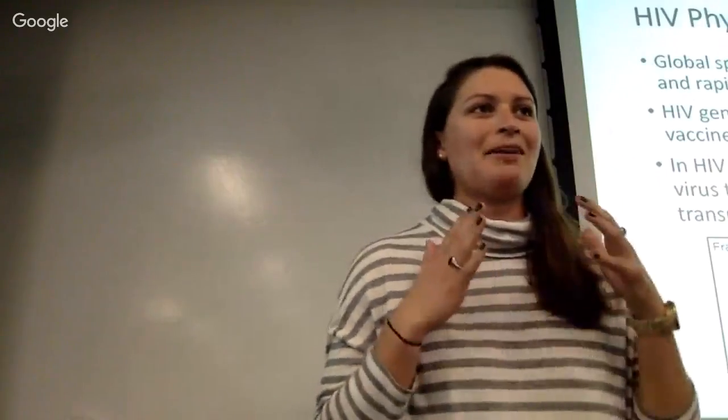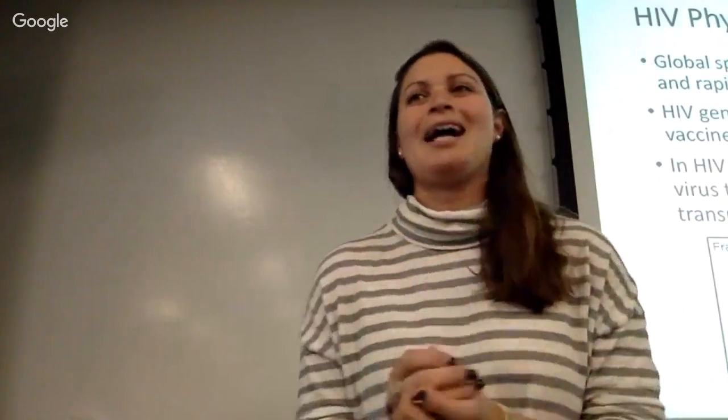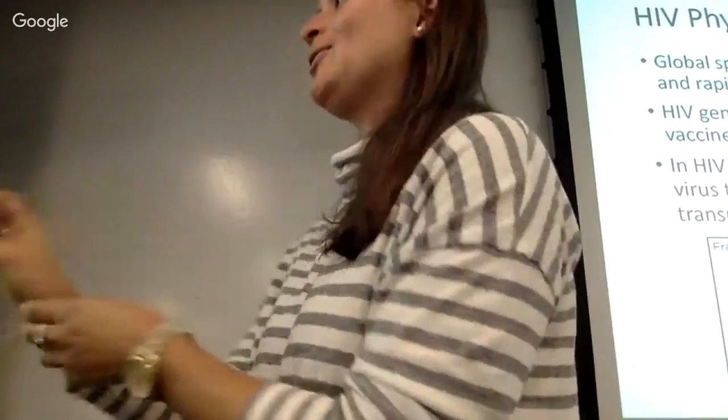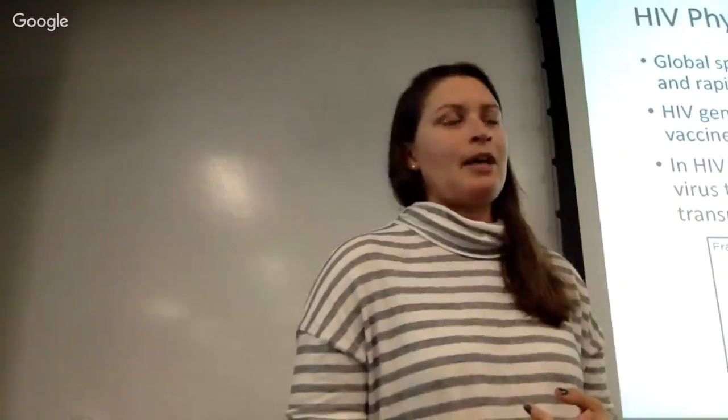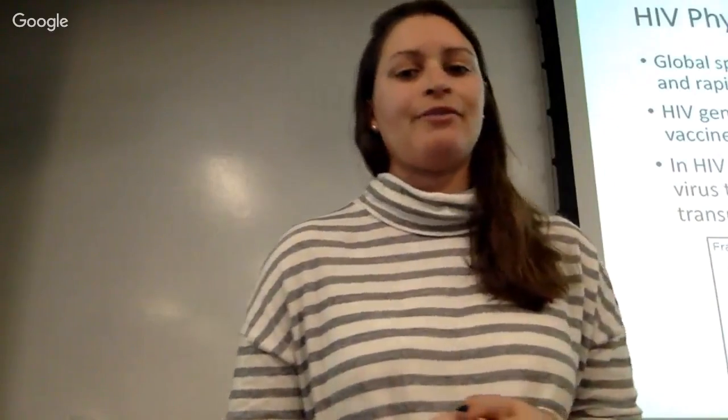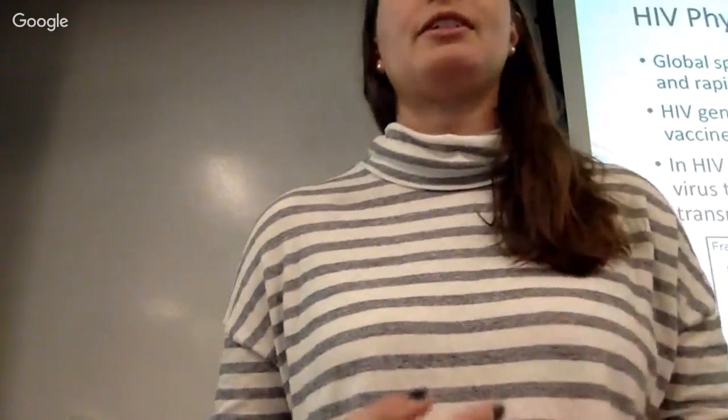So now I'm going to get really specific into just my little corner of analyzing genetic data in R, to show you some examples. I focused on HIV, and we know that the global spread of HIV is marked by the virus's high genetic variability and rapid evolution.